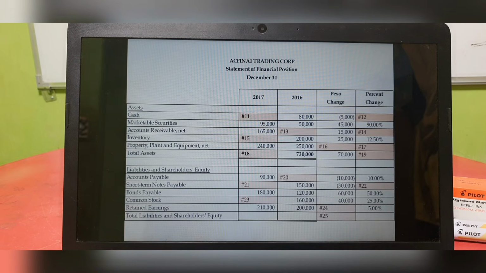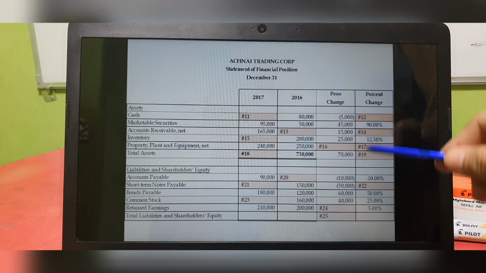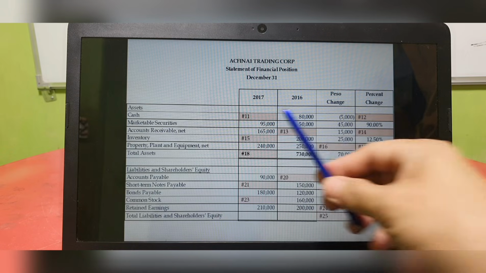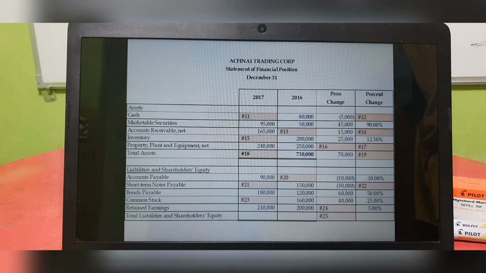Here's another activity. So I'm giving you 7 minutes to do this. So we have the peso change and percent change, meaning we are doing the horizontal analysis for 2017 and 2016. Okay, so your 7 minutes starts after mo mag-compute, you go back to the video and reveal the answer. So your 7 minutes start now.